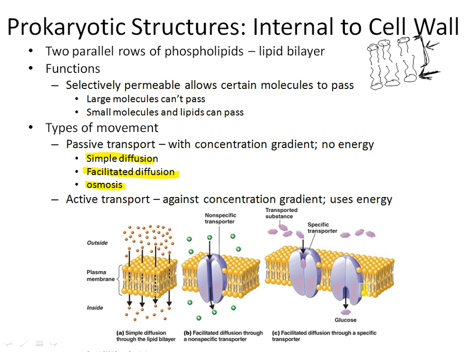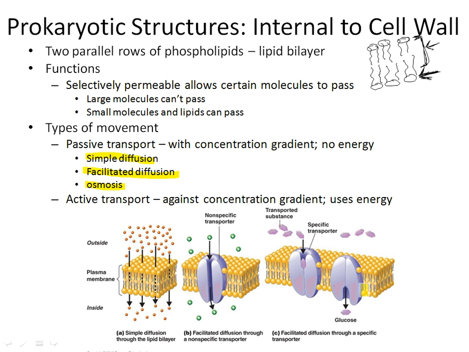Let's go ahead and talk about what ends up being almost the opposite of passive transport, and that's active transport. Active insinuates the use of what? Energy. So if I have active transport, I would still have to have a transporter protein because I've got to have some way of using energy when I do my movement.